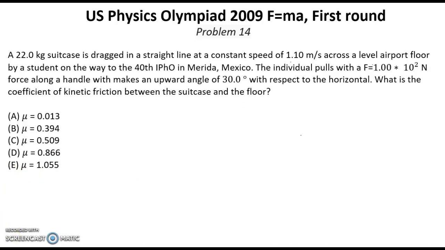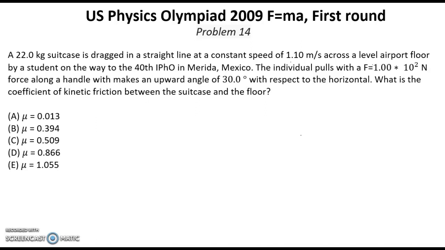Problem number 14. A 22 kg suitcase is dragged in a straight line at a constant speed of 1.1 meters per second across a level airport floor by a student on the way to the 40th IPHO in Merida, Mexico.